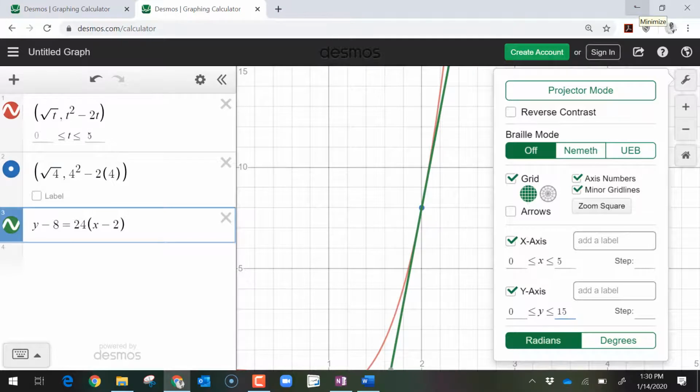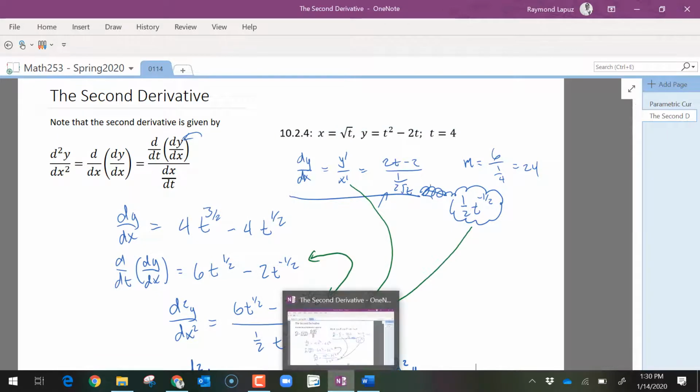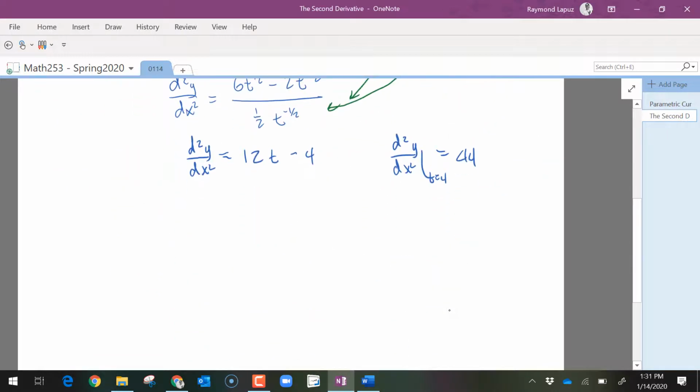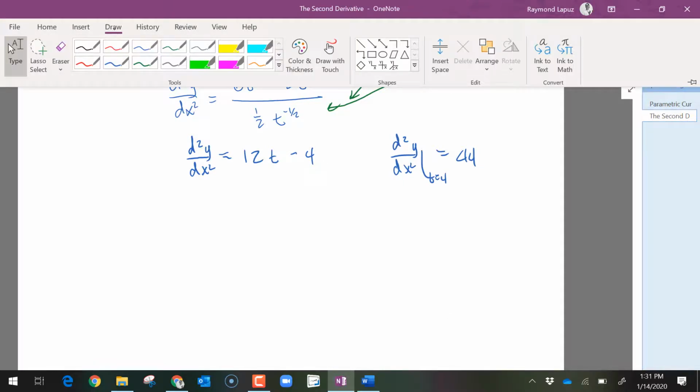So anyways, do you remember Taylor polynomials? Just for fun, let's do Taylor polynomials real quick. If you guys are going to go into differential equations, eventually you'll need to know your Taylor polynomials.